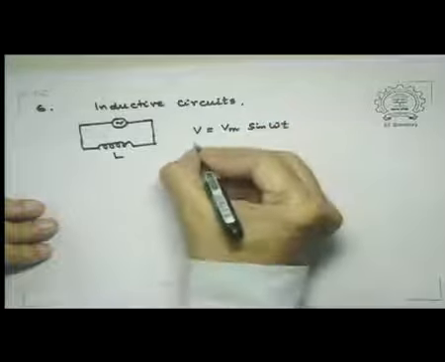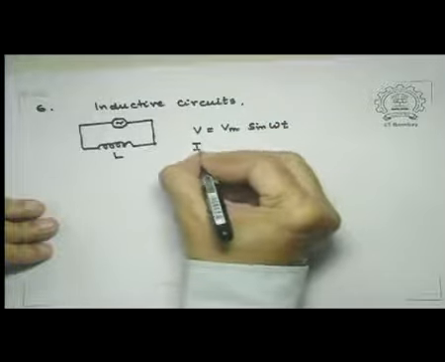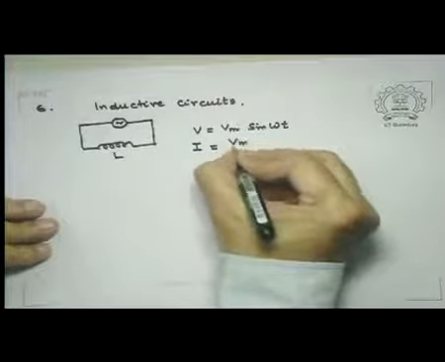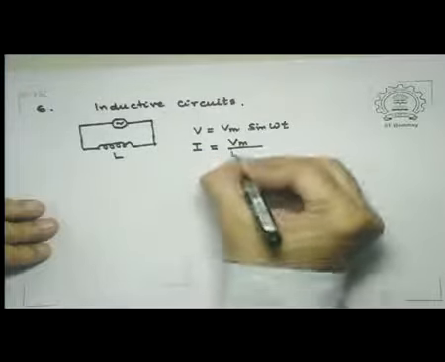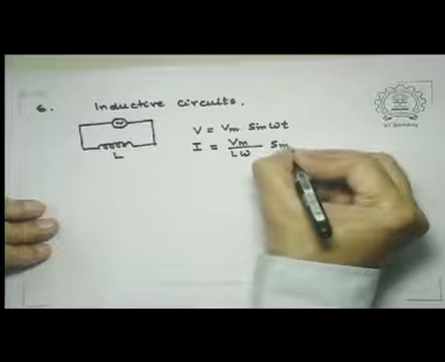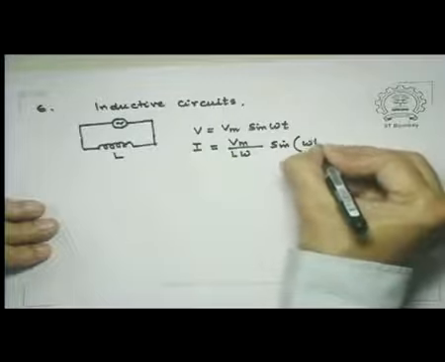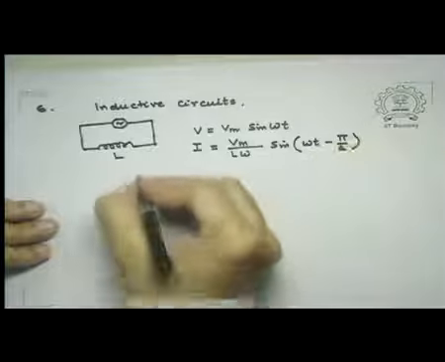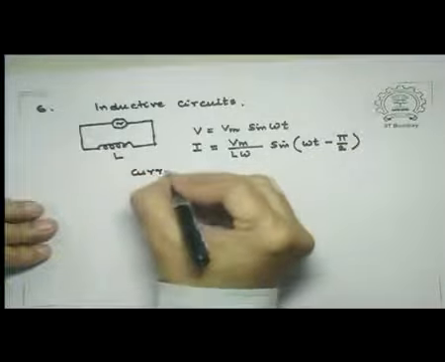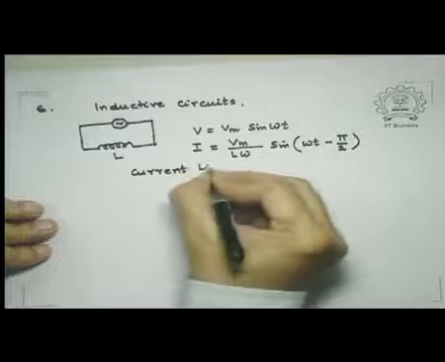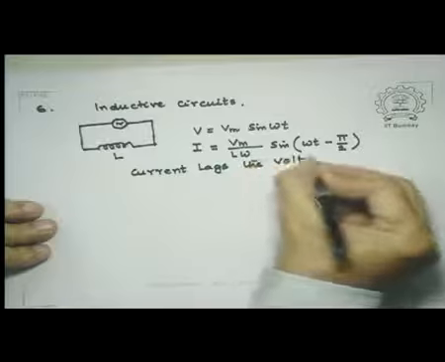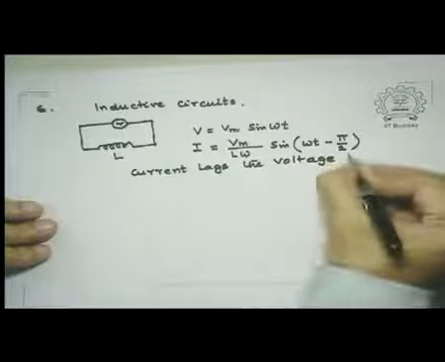What we found is that the current is given by Vm divided by L omega times sine of omega t minus pi by 2, meaning thereby the current lags the voltage by pi by 2.